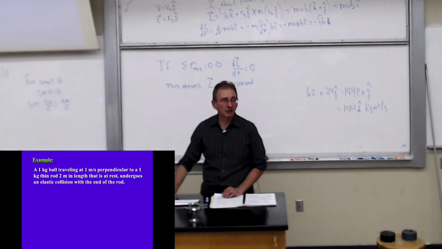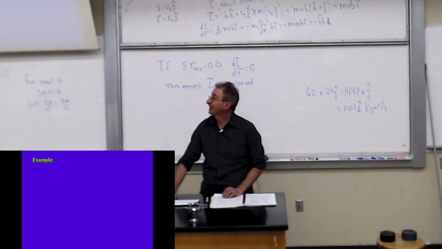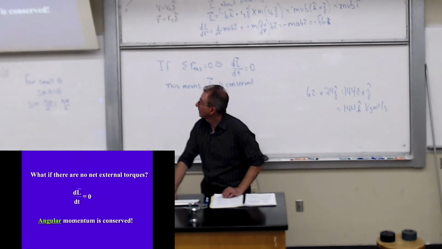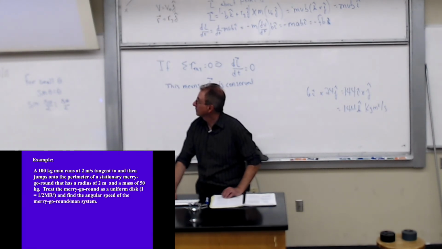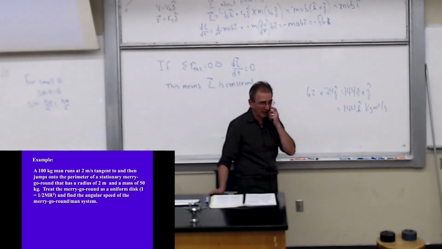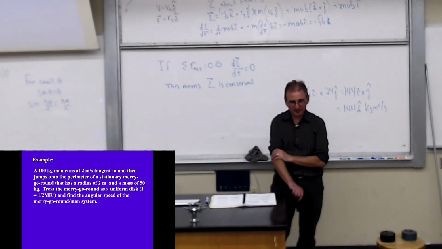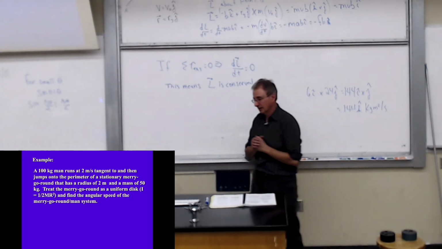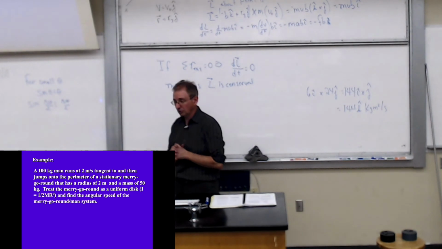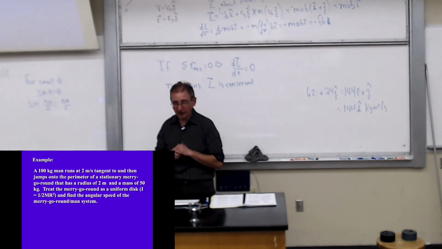So I'll do that one in the video. I don't want to do that here. So what does it mean when angular momentum is conserved? Your total L of the system beforehand equals the total L of the system afterwards.